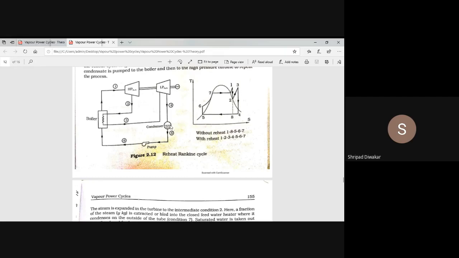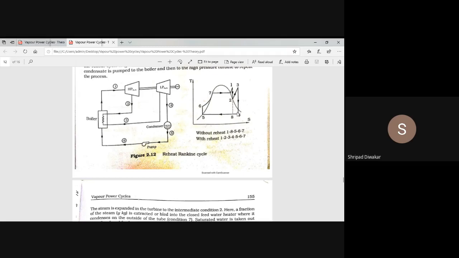Next, 3 to 4. 3 to 4 is what? Your 3 here and 4 here, it is the isentropic expansion in LP turbine. And you have to show the point 4 a little bit below the saturation curve.